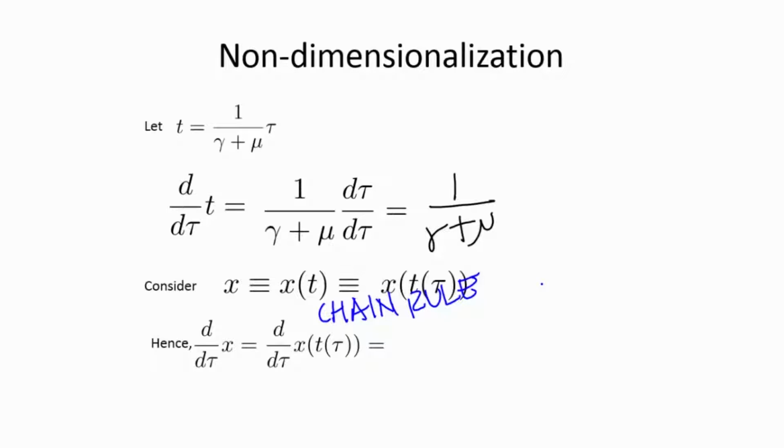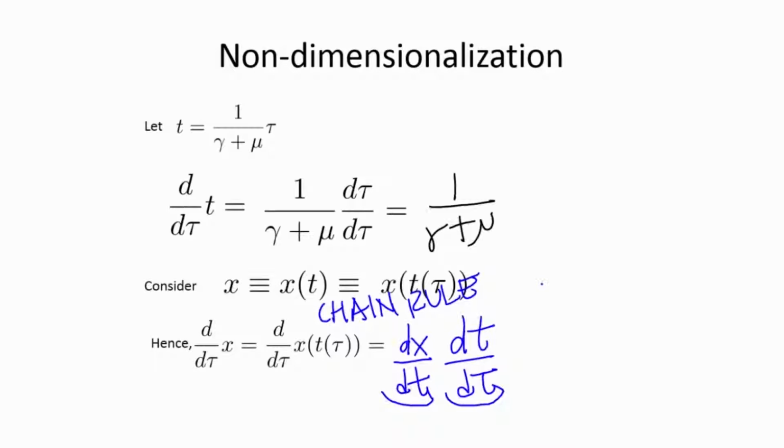So this is dx with respect to t times dt with respect to tau. I want to be precise and emphasize that the derivative of x with respect to tau is equal to the derivative of x with respect to t times the derivative of t with respect to tau.